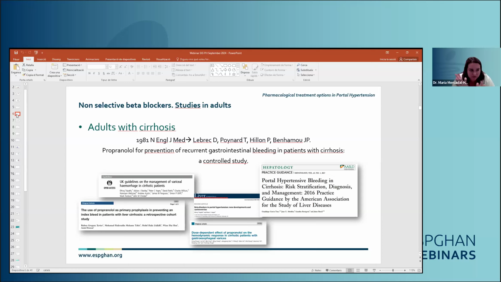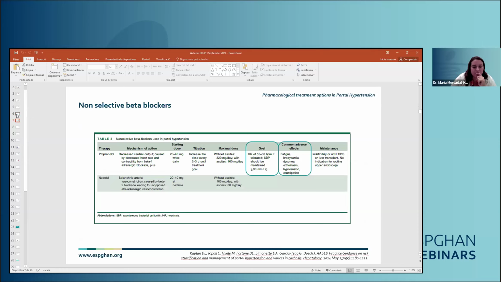So let's run through a bit of what adults have done up until now. So propranolol, when used, usually you have a starting dose and you can increase it, and the goal is to find heart rates of 55-60 BPM if the adult tolerates this.